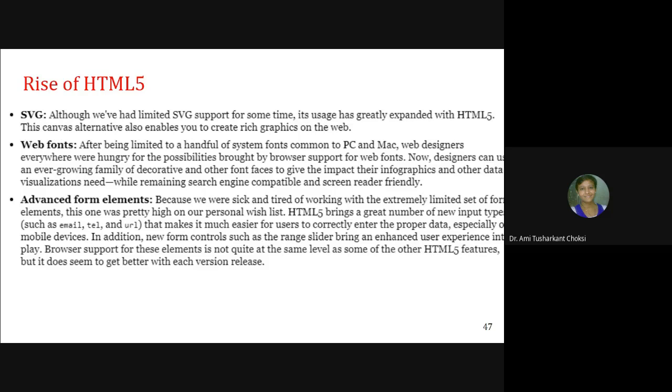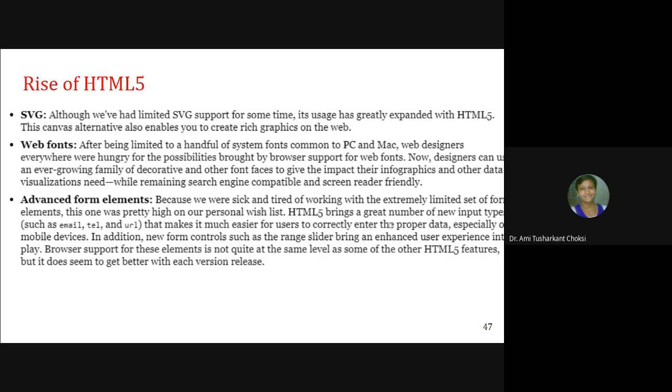For email, do we have anything? In HTML4, you had the text box, and you could take the email, the telephone number, or the URL, but that was using a text box. What does HTML5 give us?